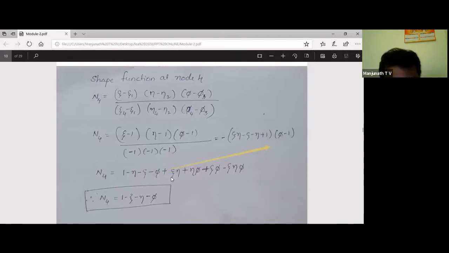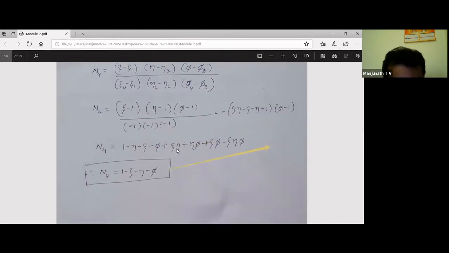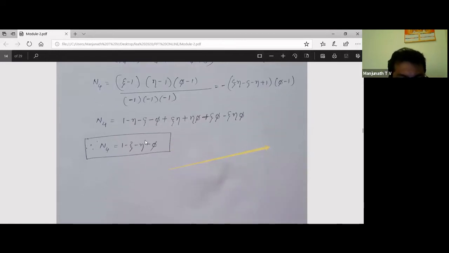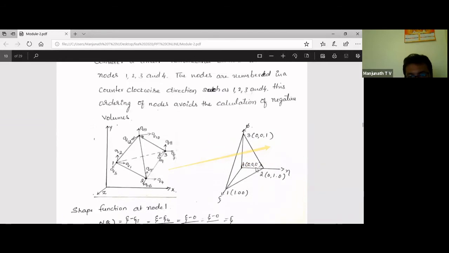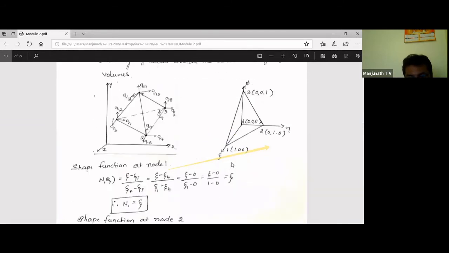Again, the combination: if you consider zeta 1 as one value in the zeta direction, then the remaining neta and psi values will be 0, so the combination values are again equal to 0, and the final equation you write like this. Again here you can see that at node number 4, the zeta, neta and psi values will be equal to 0.